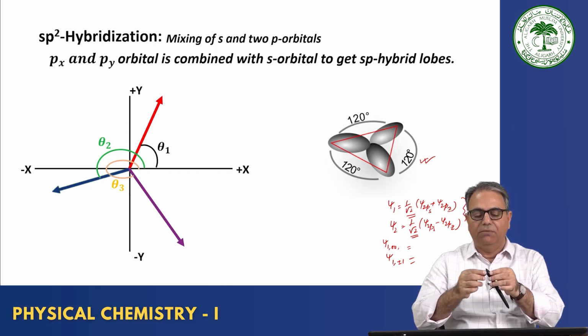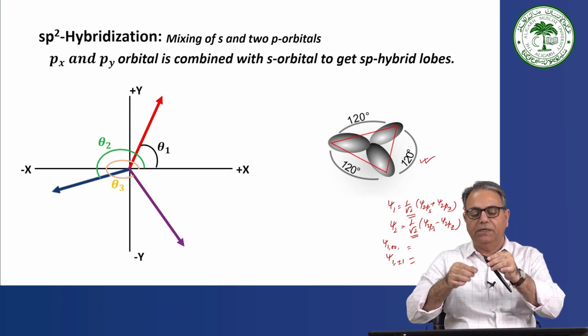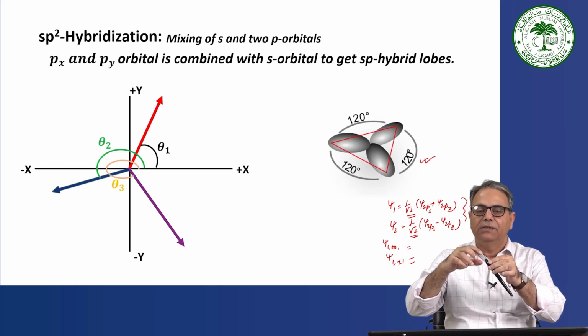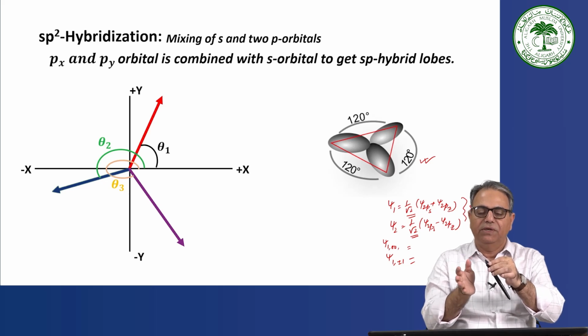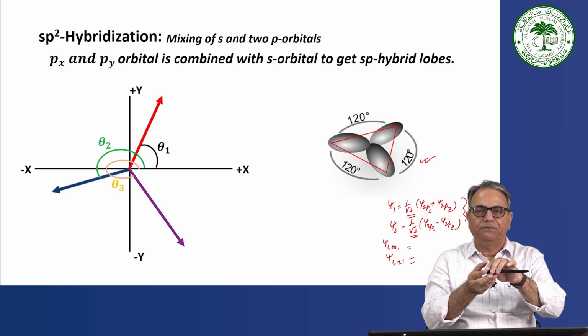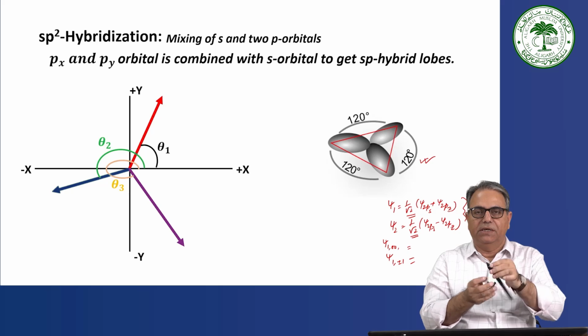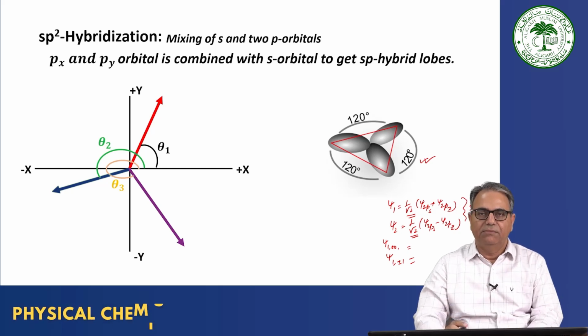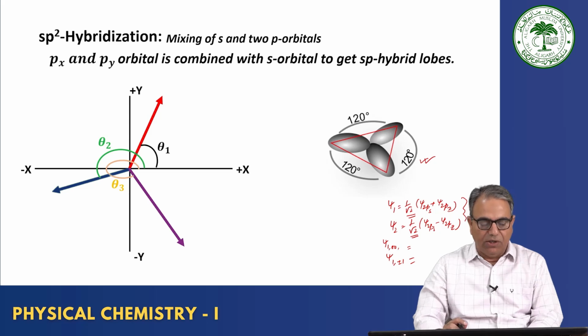If you had three bonds in different directions, like a pyramidal structure, it would not sustain, because each one is repelling equally. So finally it will form a triangular planar structure. It's a natural tendency because of the bond pair repulsion, and that gives you the structure of the molecule.